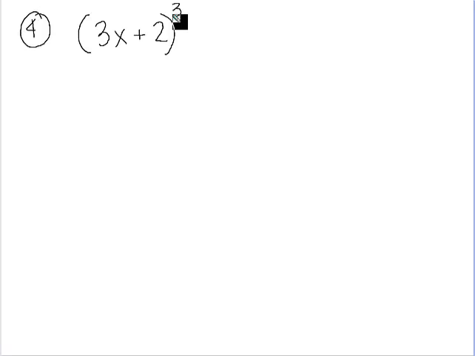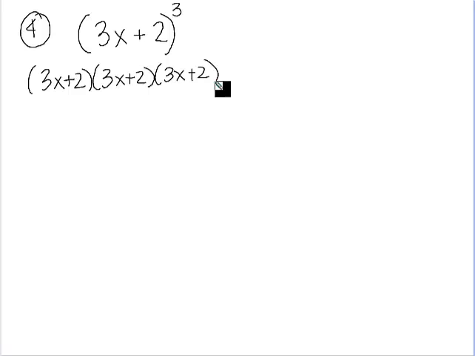Okay, if this is to the third power, what does that mean? We've got to write it out 3 times. So 3x plus 2 times 3x plus 2 times 3x plus 2. I won't give you 1 to the 5th power, no. All right, so we have it written out 3 times. How do you think we would do this one?